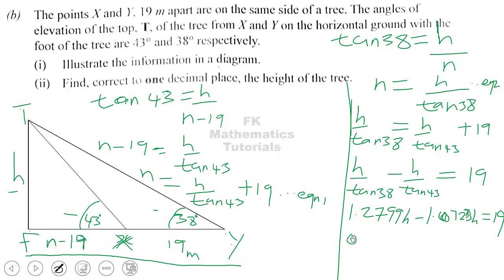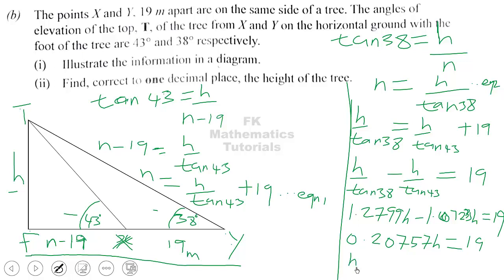We have 0.20757h is equal to 19. So we divide 19 by the result, 0.20757, and that will give us 91.535.